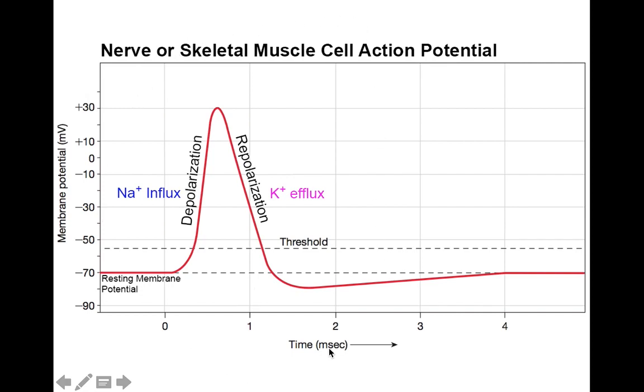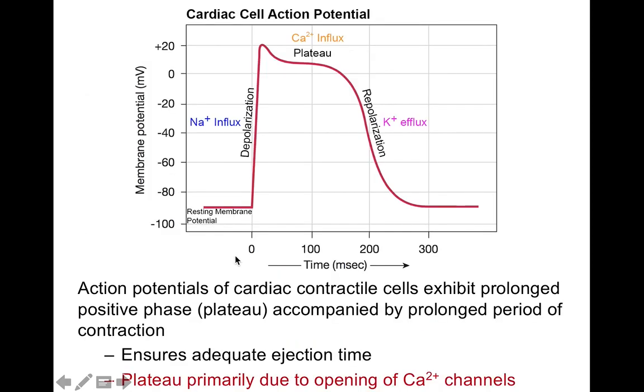So this, as I've already mentioned, is what you would see in nerve or skeletal muscle action potentials. Cardiac cell action potential, remember, is different as it has a plateau phase. It is similar to the nerve or skeletal muscle action potentials in that the depolarization is caused by sodium influx and the repolarization is caused by potassium efflux, but this added plateau phase is caused by the movement of a third ion, in this case calcium influx.